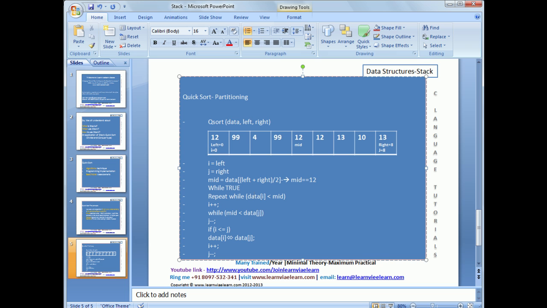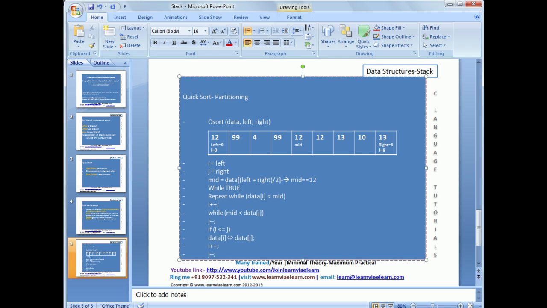The main concept here is I want all the elements which are lower than the pivot element to be on the left side, and all the elements which are greater than the pivot element to be on the right side. This is the main concept behind this pivot element.